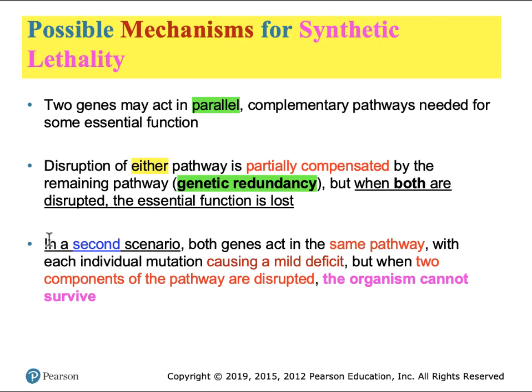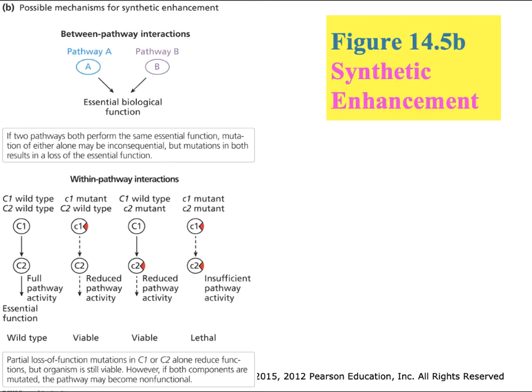In the second scenario, both genes act along the same pathway, with one acting maybe at the beginning of the pathway and the second acting at the end of the pathway. So a deficit in the beginning of a pathway, for instance here, will reduce the amount of C2 being made, but there's enough C2 being converted to something else that the individual survives.